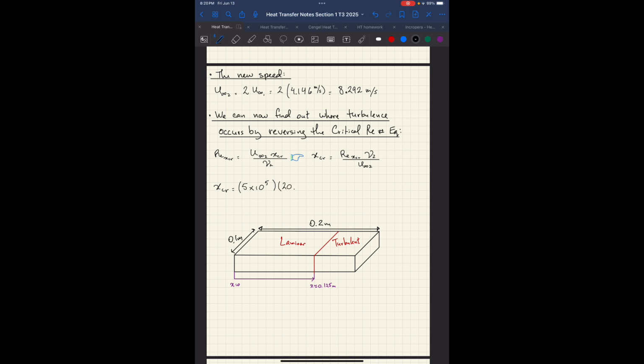Here is the old nu, and to get the new one, I just need to divide it by 10 like this. The new speed was down here, 8.292 meters per second.